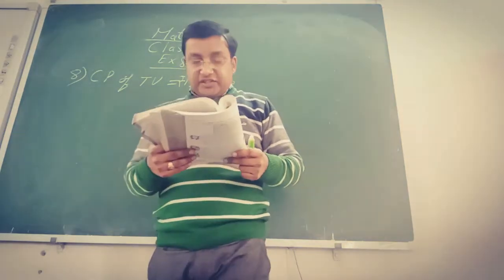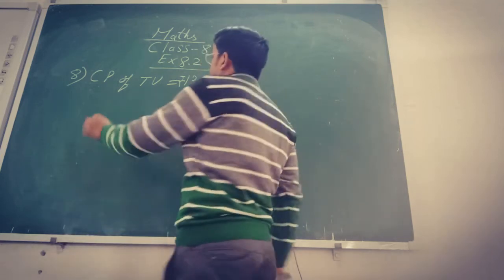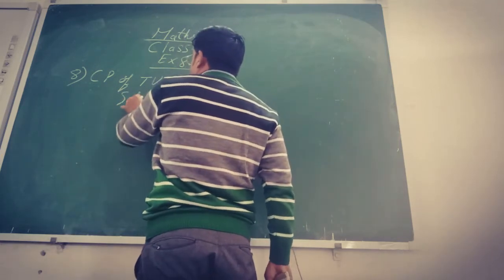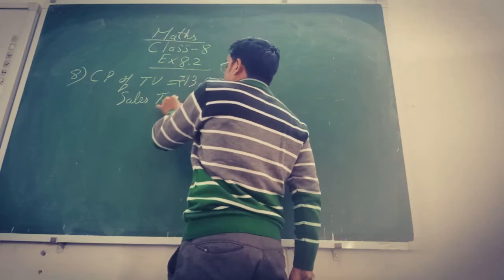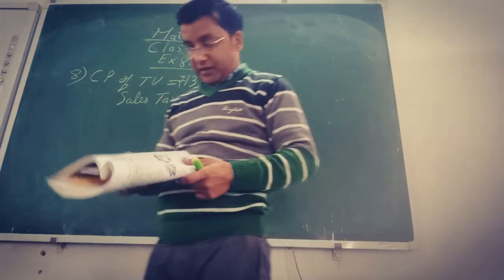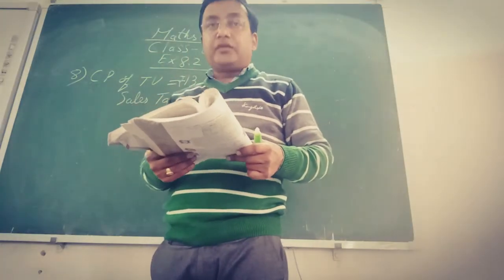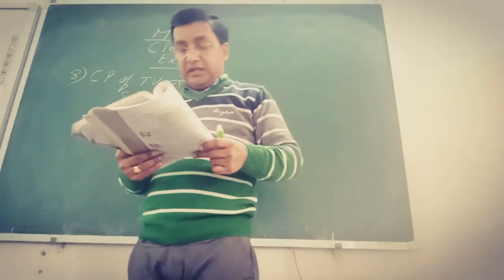The sales tax charged on it is at the rate of 12%. So sales tax is 12%. Find the amount that Vinod will have to pay if he buys it.